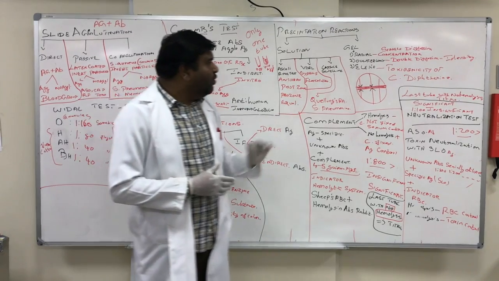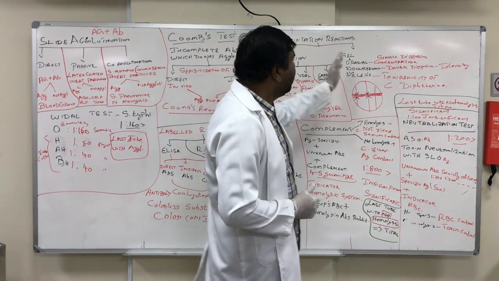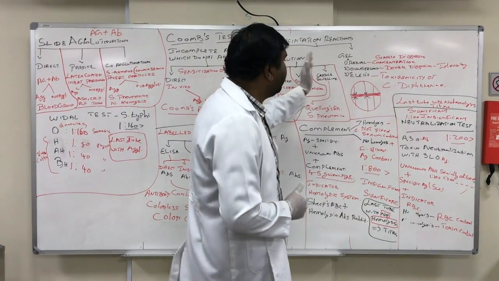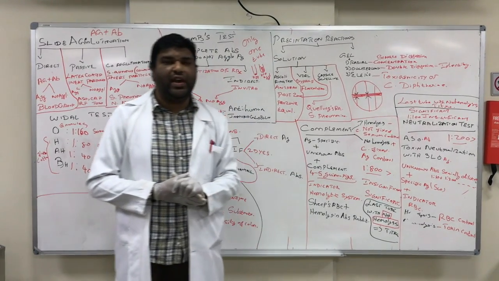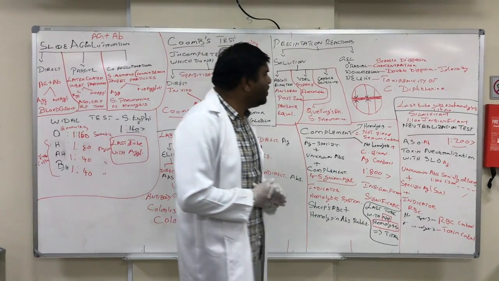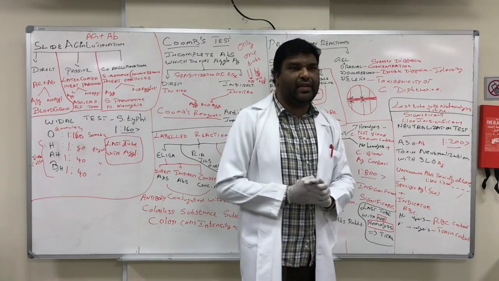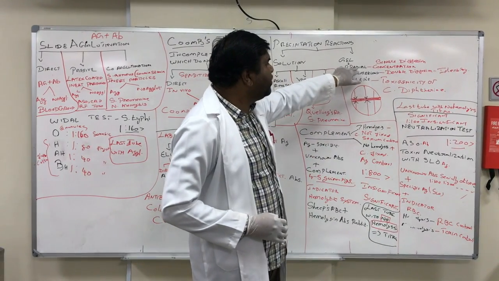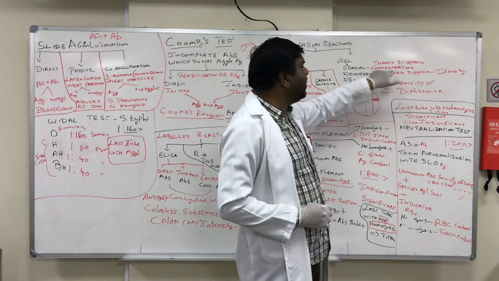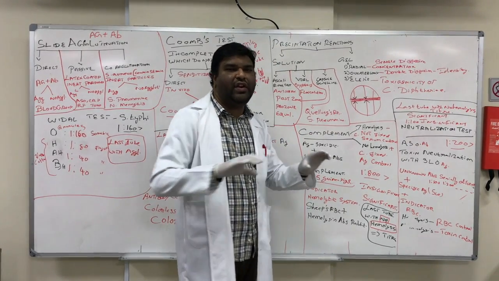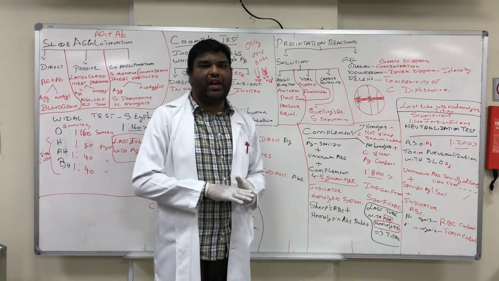Moving on from this, we go to the gel, that is, precipitation in gel. This is of three categories: radial immunodiffusion, the Ouchterlony method, and the LX. Radial immunodiffusion is otherwise called single diffusion, and this is mostly done for the concentration of either an antigen or an antibody.